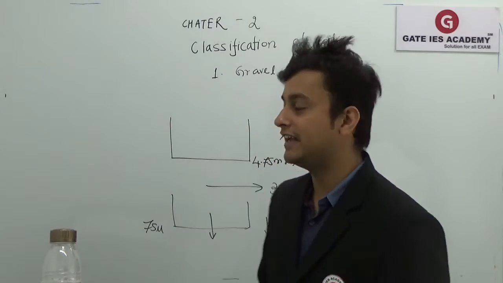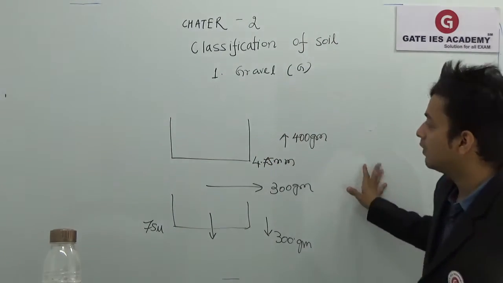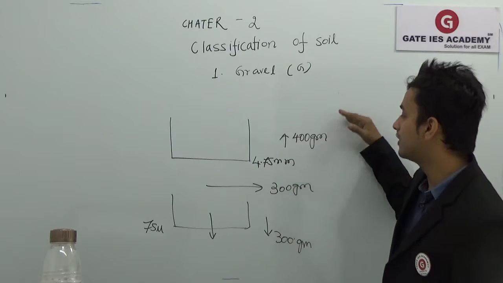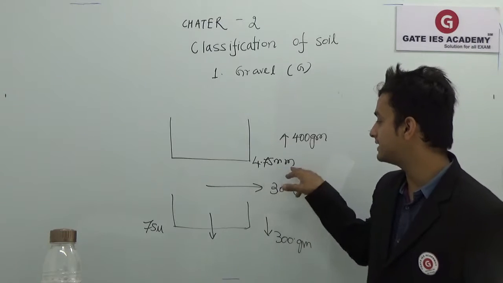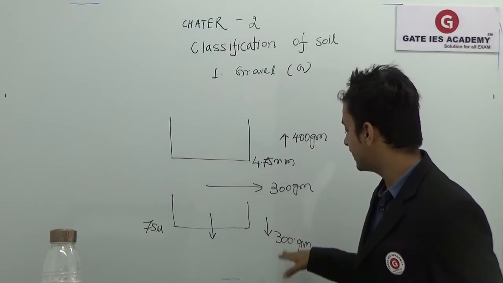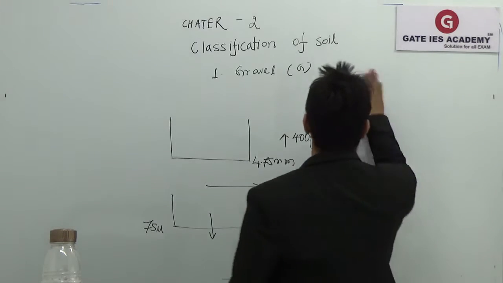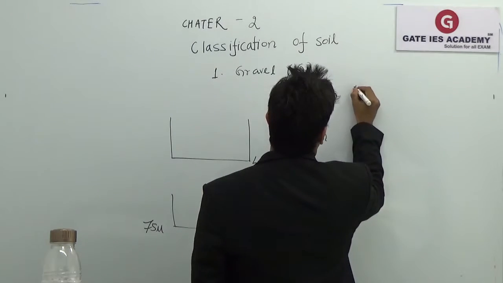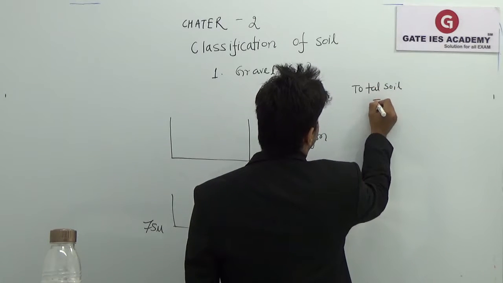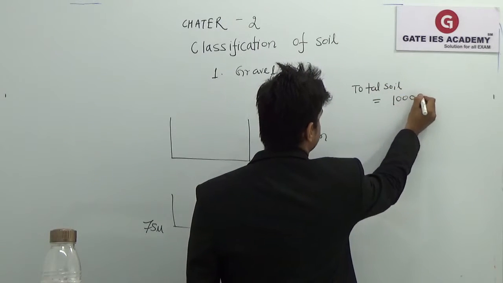Okay students, now I have taken an example here. Greater than 4.75 mm we have 400 grams. Between 4.75 mm and 75 micron I have 300 grams, and 300 grams is passing. So total soil quantity is equal to 1000 grams.